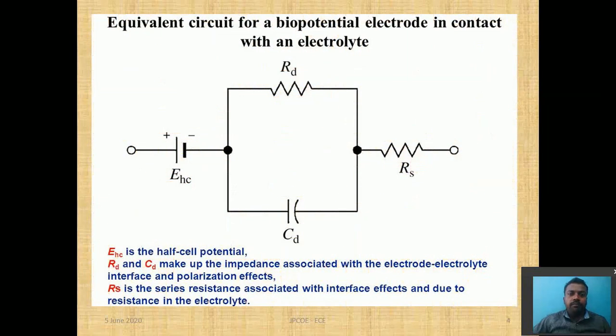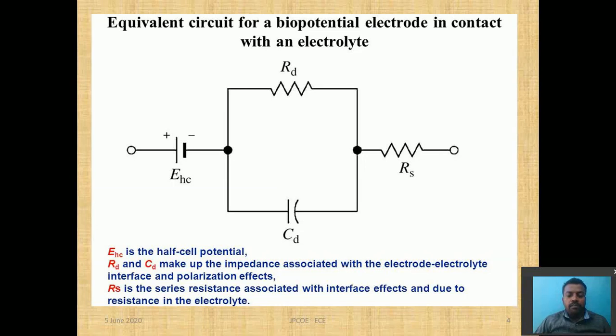Consider this is an equivalent circuit of one electrode. This electrode contains four components: the voltage source, two resistances and one capacitance. The voltage source is the voltage generated from the cells, called the half cell potential. Then impedance: a capacitor is in parallel with the resistance, that is RD and CD.